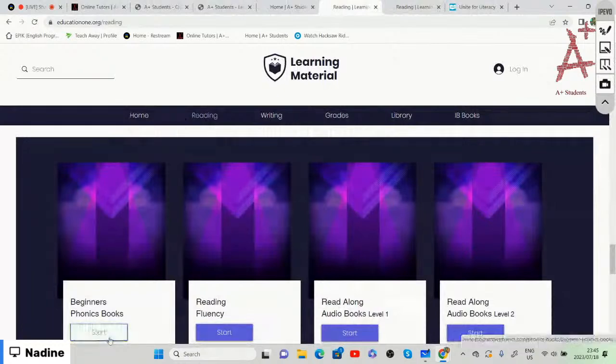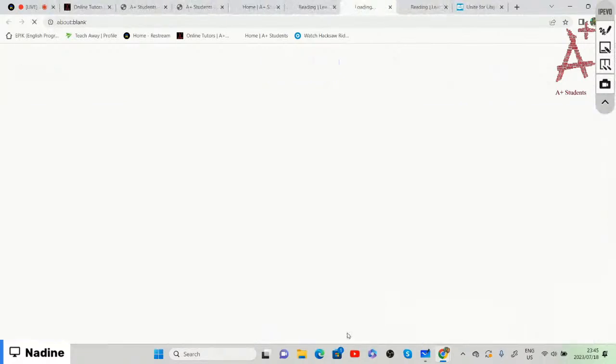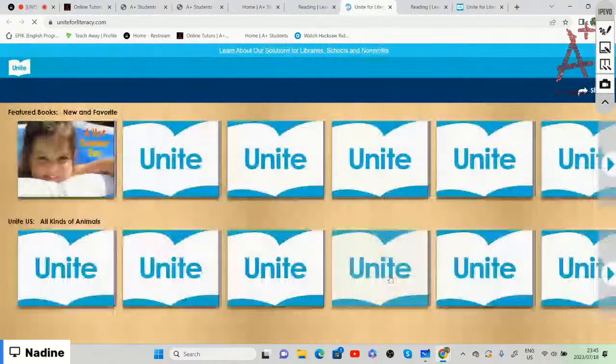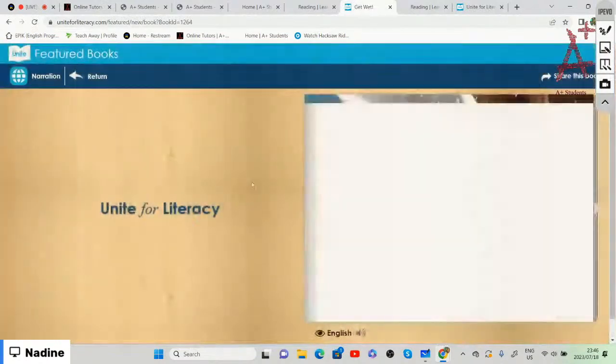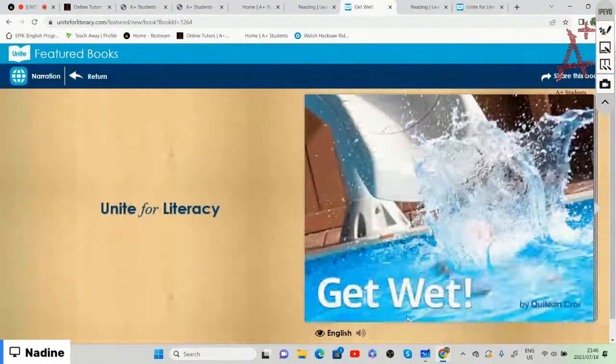The first one is beginners phonics books, read fluency. We're going to click on the third one, which says read along audiobook one. And we're going to choose Get Wet. So we're going to choose the book Get Wet, right?